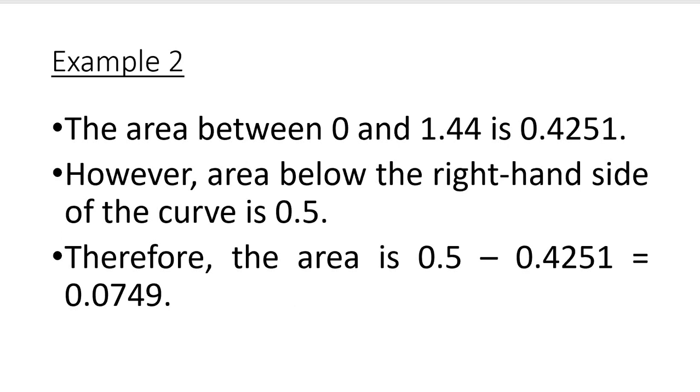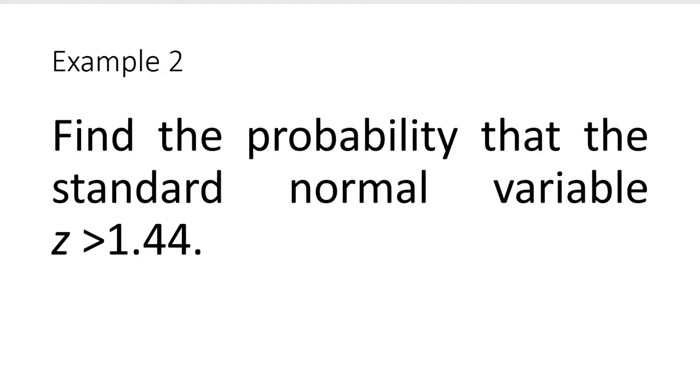That's why we can subtract 0.4251 from 0.5, and as a result we get something close to 7%. So we can conclude that the probability that z is bigger than 1.44 is approximately equal to 7%.